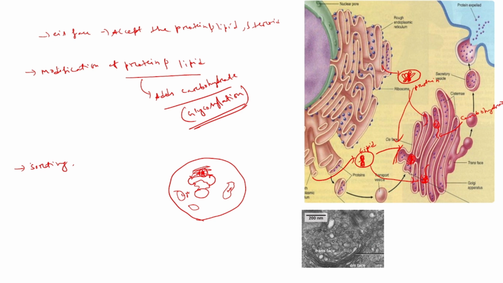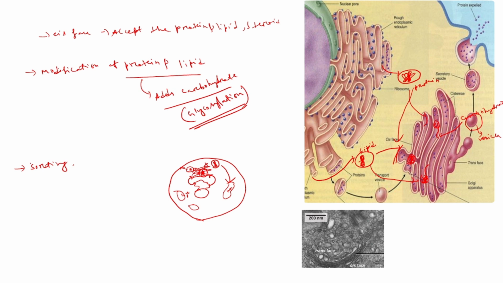If it decides it goes to the mitochondria, then after glycosylation the structure forms a vesicle like this. Here this is the vesicle, and now it enters the mitochondria. Let's suppose it decides this protein or lipid should go to the membrane, then it again forms a vesicle, and this vesicle fuses to the plasma membrane.